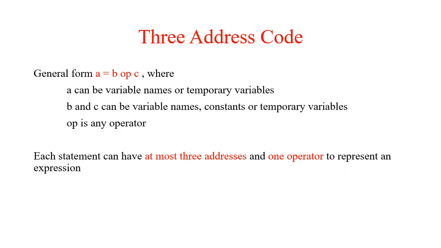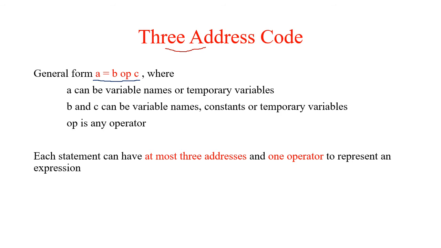The most common popular method of intermediate representation is three-address code. As the name indicates, each statement can have at most three addresses. The general form of a three-address code is a equal to b op c.